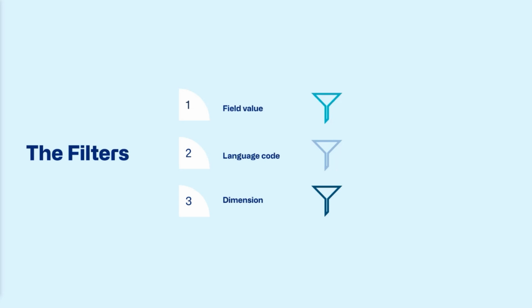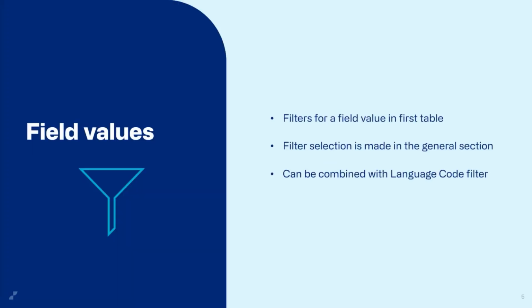The second one is the language code. This is the language code also on the document, so the first table. And lastly, the dimension. So these are the three that we can use as filters to determine which variant is to be sent. For each filter, there are some differences.